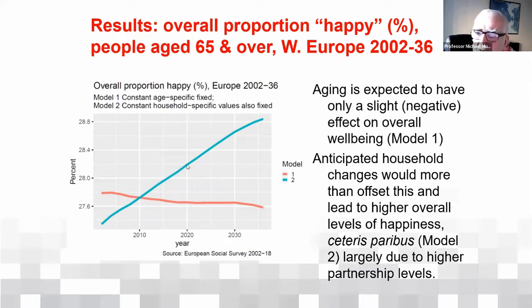So that's just an example of the sort of things that we can use as a very simple projection model, applying and bringing it together with what we know about some of these trends to find something which was not obvious before: that we might expect the average level of happiness among older people to actually increase rather than decline, as might have been expected if we simply failed to look at changing household structures.